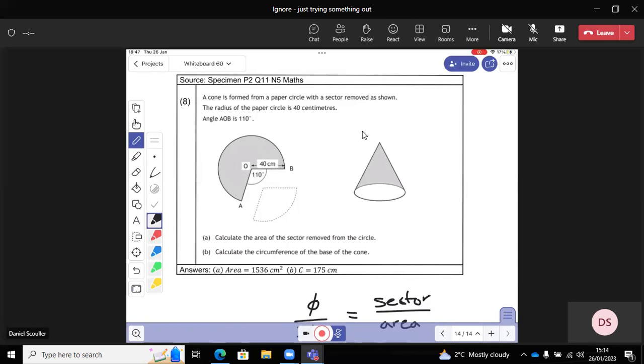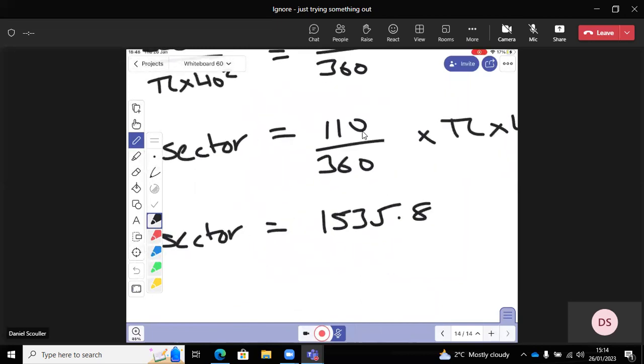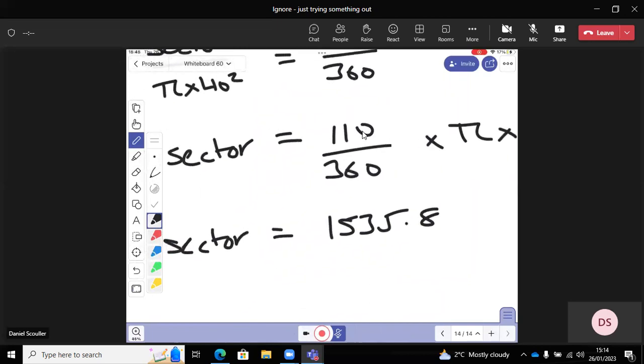They've left it as 1536. So they've rounded up. Remember your units. An area is going to be something squared, so centimetres squared in this.